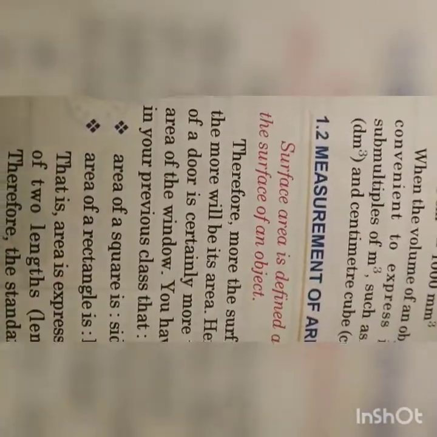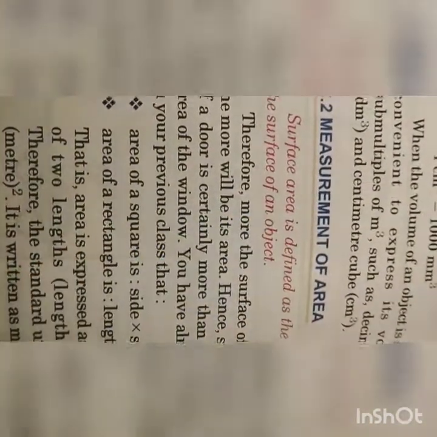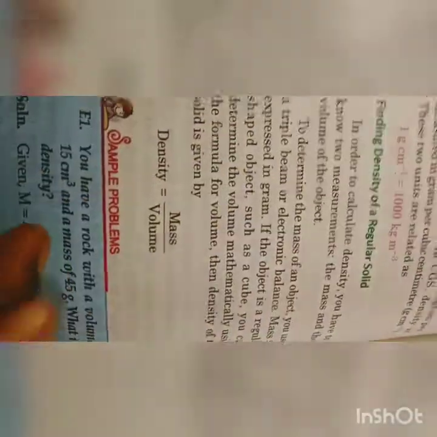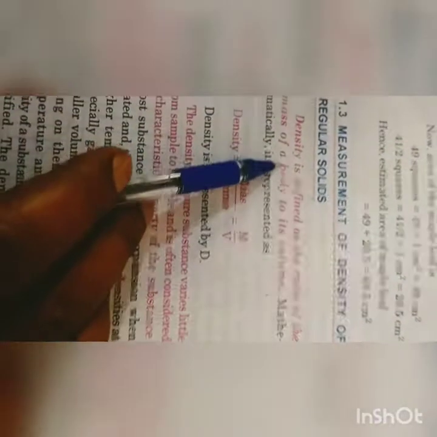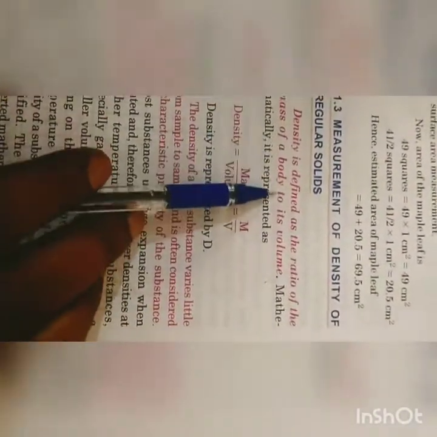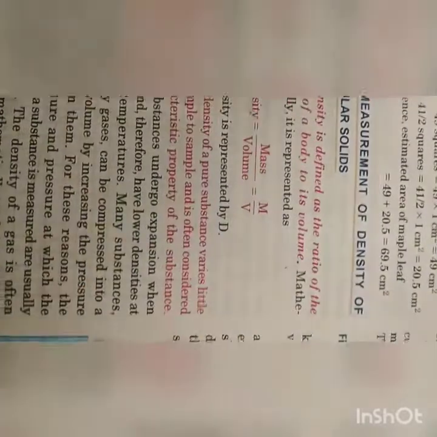This is the definition. Area or surface area, it's the same, so don't get confused. Then density. The definition is given here. Density is defined as the ratio of the mass of a body to its volume. So you can write it.